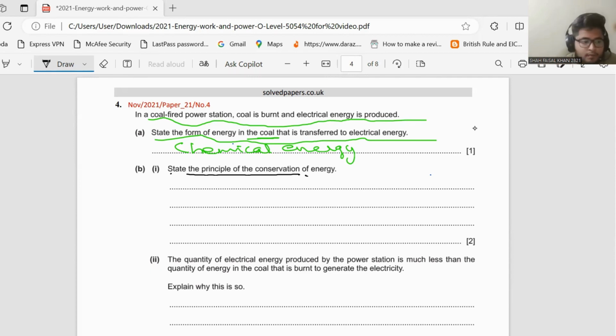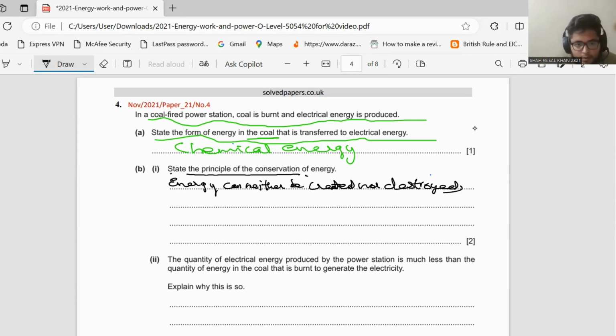So let's write the answer: energy can be neither created nor destroyed, but it can be converted from one form to the other.